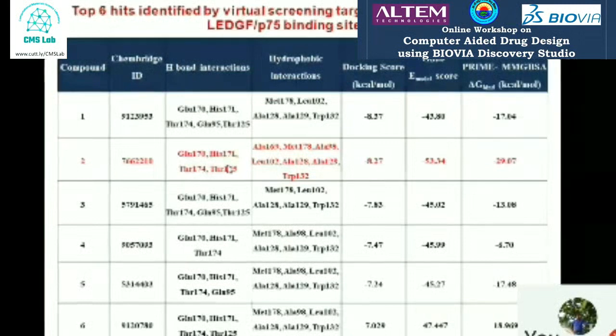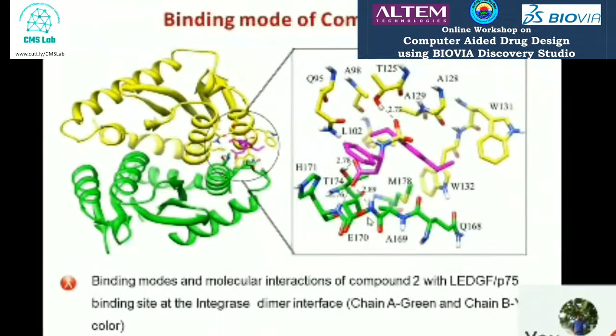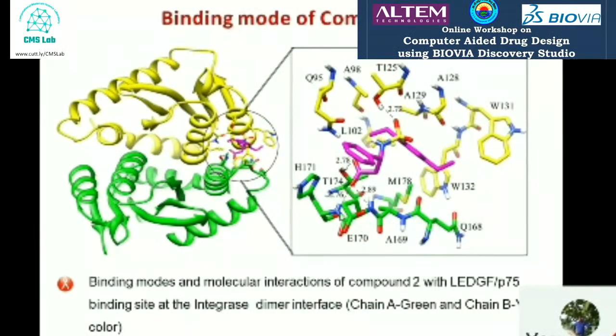So yeah, it shows that using our mutagenesis, we identified two key residues. Our ligand really binds to 170 and 168, especially the key residue 170.